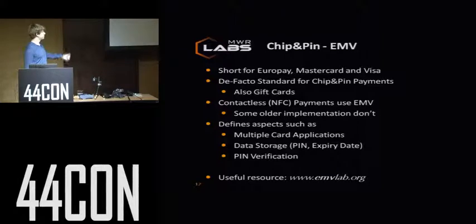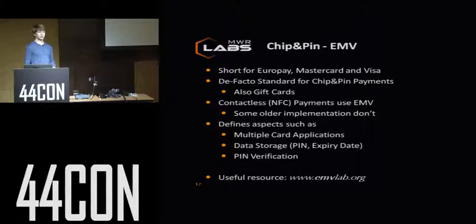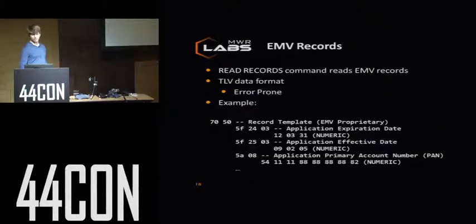A really useful resource is EMV Lab Doc, where you can see what data structures can be stored on smart cards, and an introduction to EMV as a protocol and so on. An example for EMV records, so the records in EMV store the data on the card, which can then be retrieved again. This is an example. You have basically nested TLV structures, TLV being tag length value.